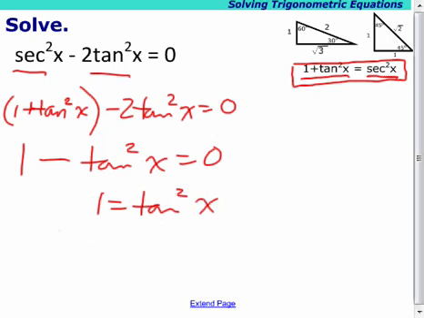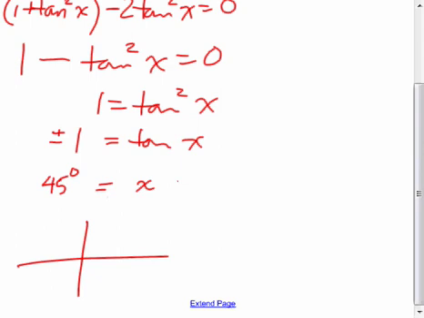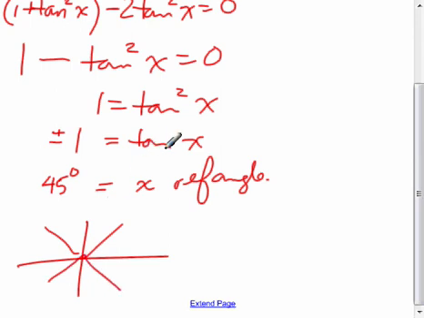Now I'll square root both sides, so I'll get plus or minus the square root of 1, which is 1, is equal to tan x. Now I'll solve this equation. If I don't know exactly where it is, I will do it on my calculator, but it turns out that I get an x value of 45 degrees, which is a reference angle, as we've said tons before, and it can happen here, here, here, or here.